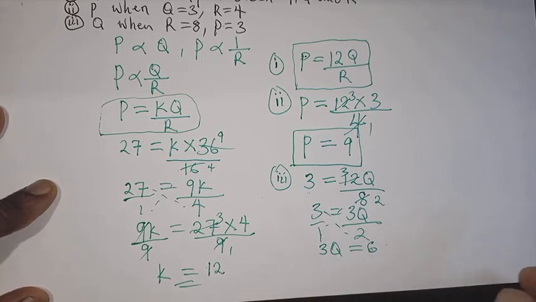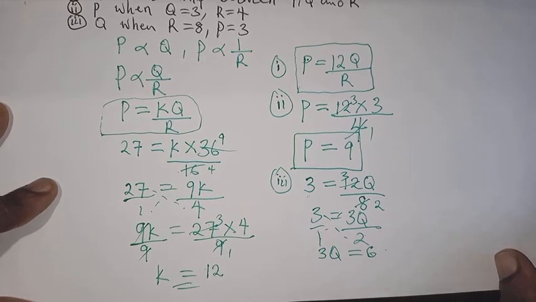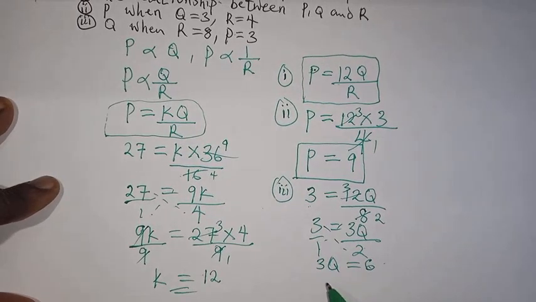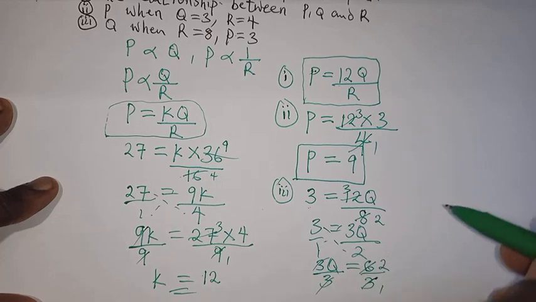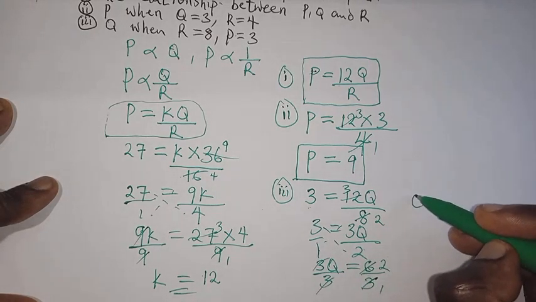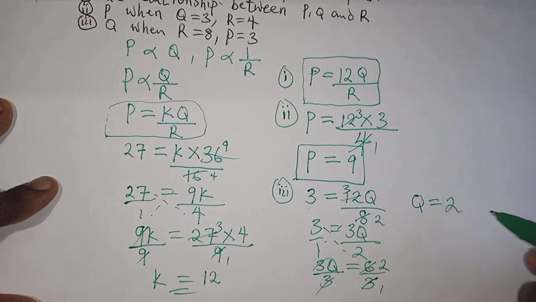Then I'm going to divide through by the coefficient of Q, which is 3. So that's going to be 3 here, 3 here. So this cancels out. So 3 here 1, 3 here 2. So the value for Q would be 2.